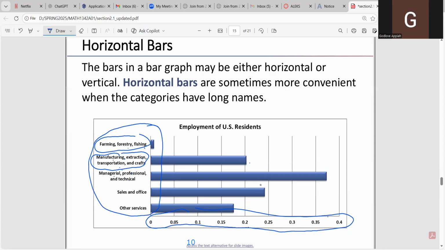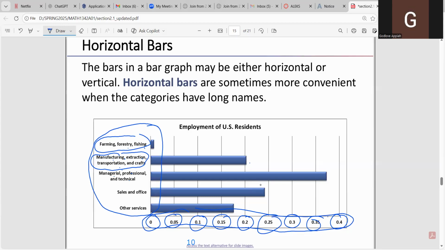This example right here is a relative frequency horizontal bar graph, simply because the values on the horizontal axis are all decimal numbers. These represent proportions, and because they are proportions, they are all relative frequencies. This makes this graph a relative frequency horizontal bar graph.